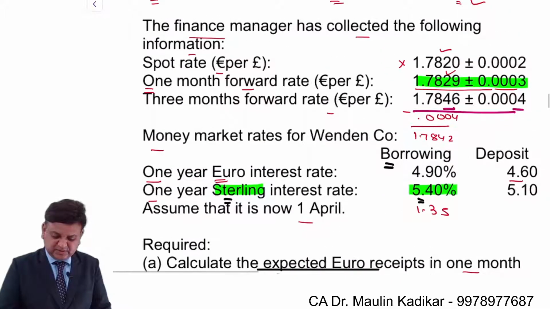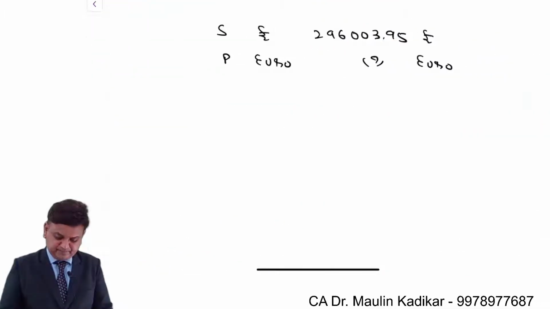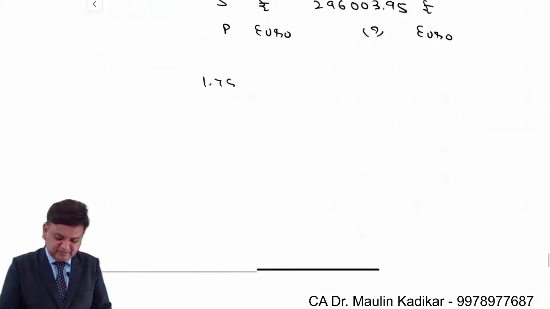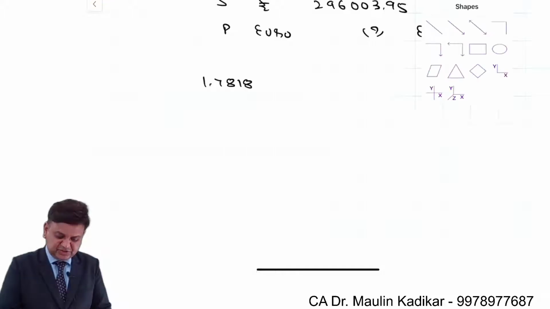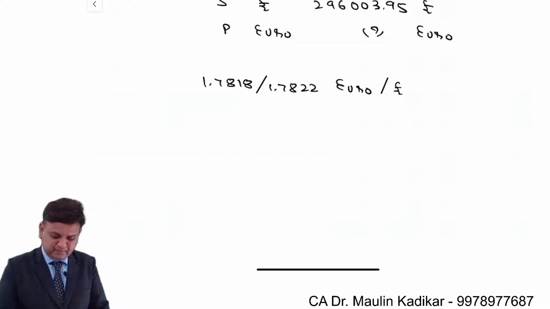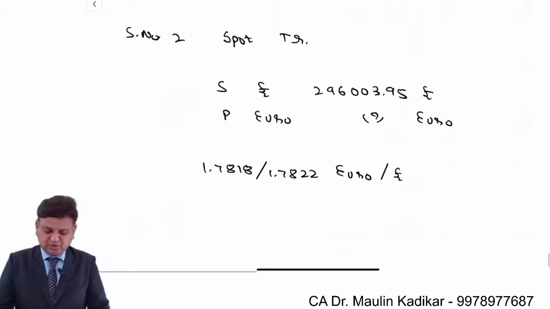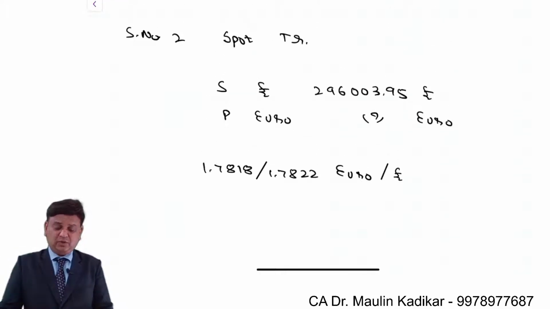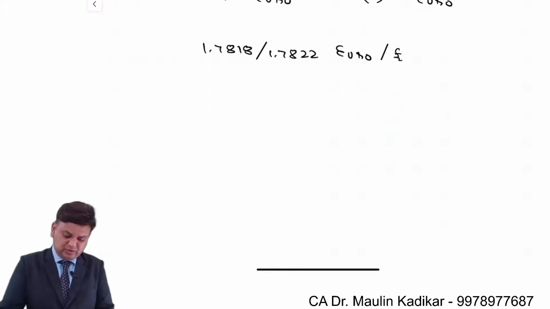This is the spot exchange rate: 1.7818 slash 1.7822 euro per pound. So in conversion of the pound into euro, you'll get less amount of euro. So this is the rate which would be applicable.